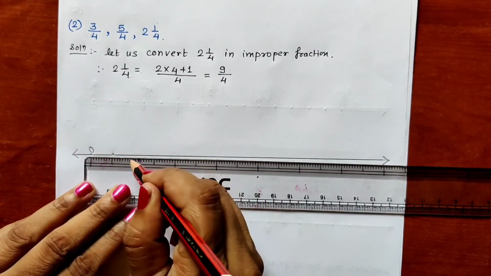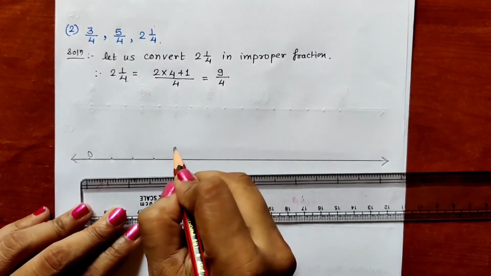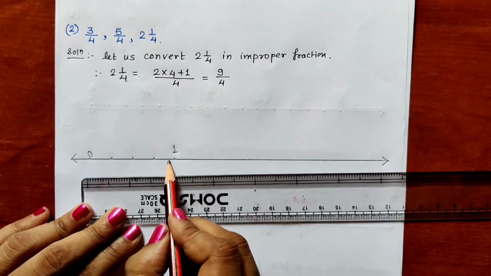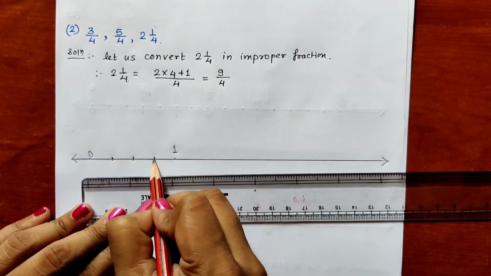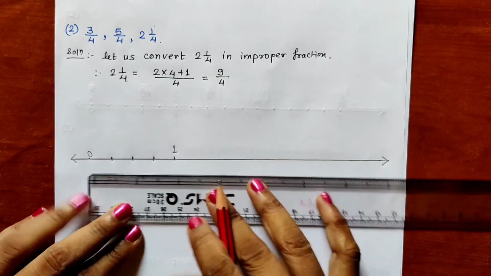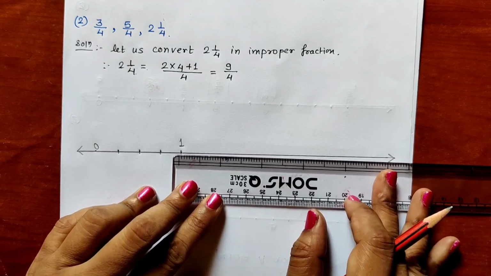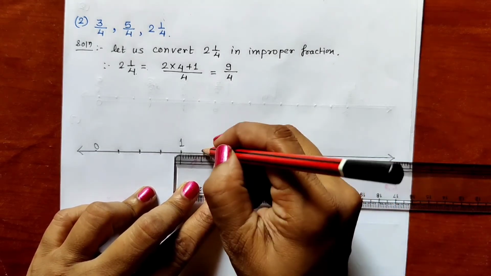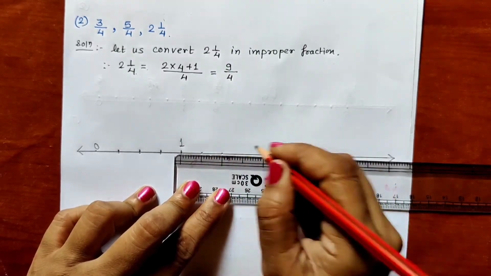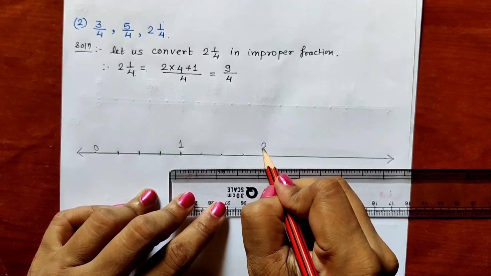So 1, 2, 3, 4. This is 1. 0 to 1, 1 unit is divided into 4 equal parts. Now 1 to 2 again we will be dividing into 4 equal parts. Use the scale very carefully so that the parts will be equal. 1, 2, 3, 4. This is 2.